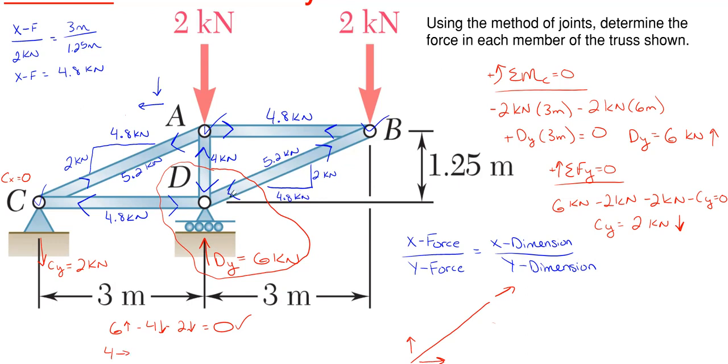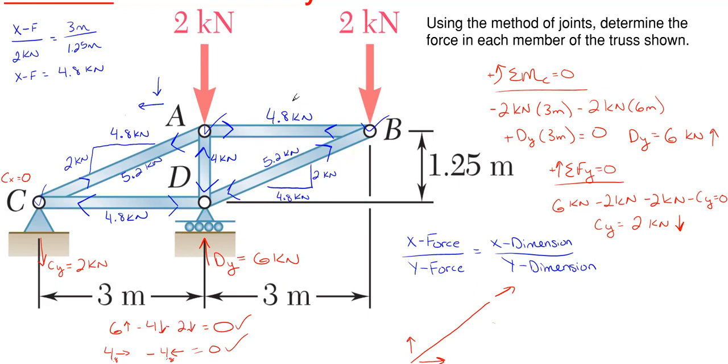The arrow is down and to the left, so that is 4.8 kilonewtons going to the left. And yeah, it does cancel out and is in equilibrium. So the horizontal and the vertical at joint D do cancel in their respective directions, so that we have equilibrium being held at joint D. That gives me a good bit of confidence that I've done the entire truss correctly.